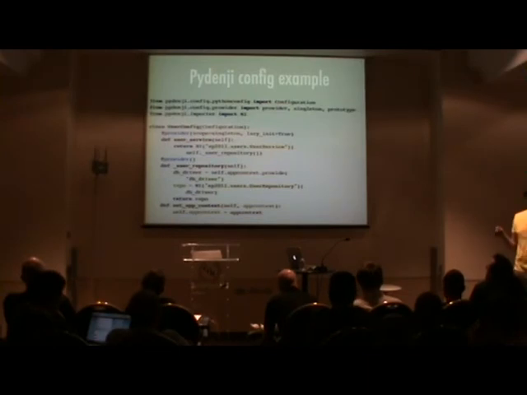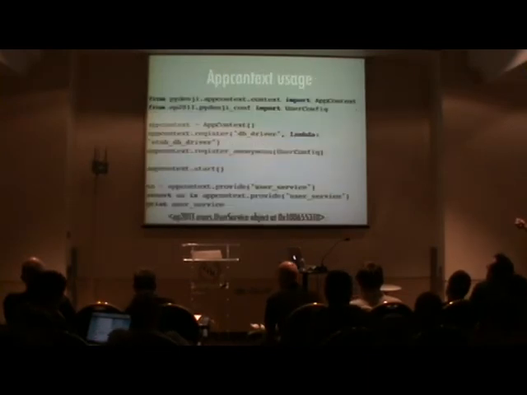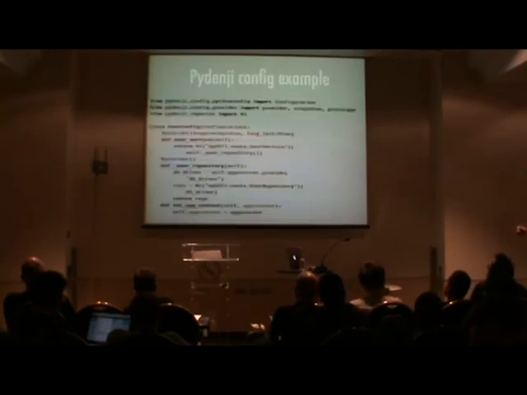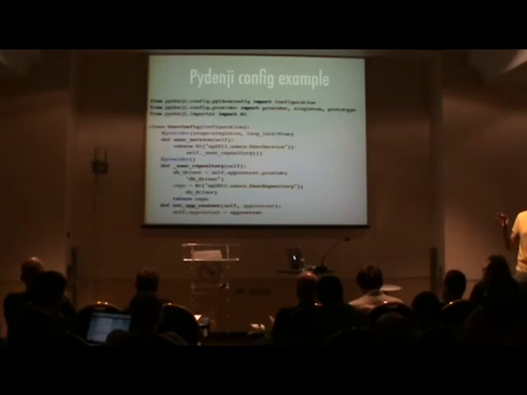The first time the user calls provide user service, you see the name here is the very same name as the method here. So this configuration provides to the external world a user service, an object called user service. It contains just configuration.